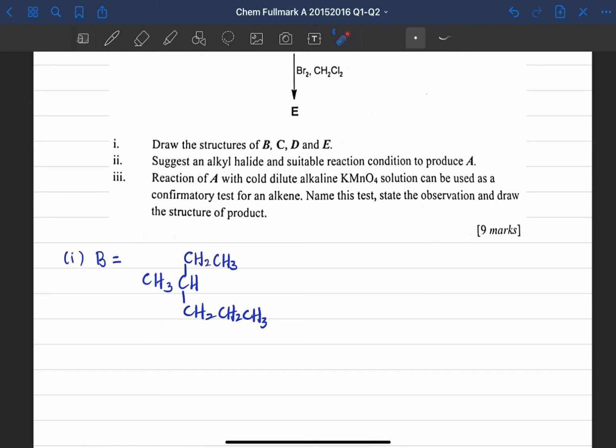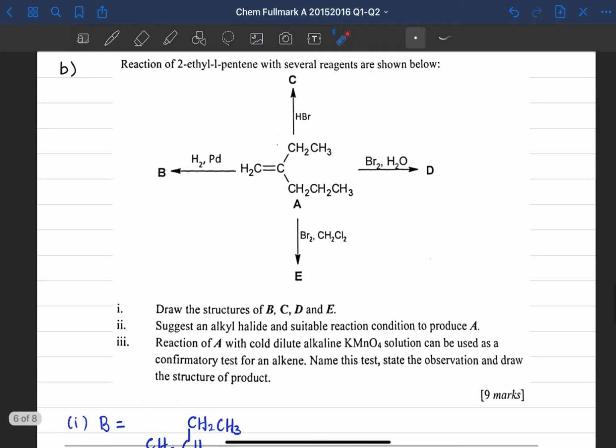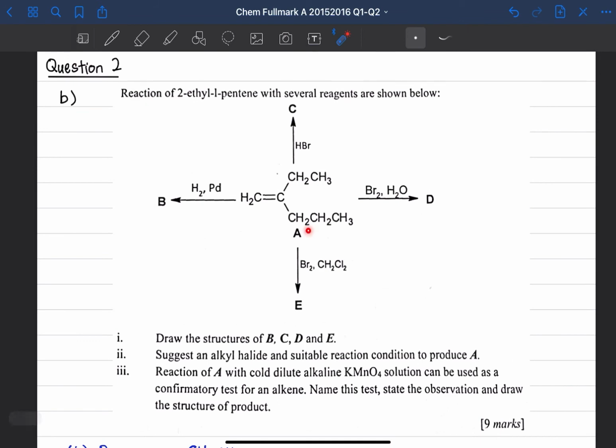And then what do we have? If A reacts with HBr, for this reaction you must consider the Markovnikov rule. So hydrogen from HBr will go to this carbon, because this carbon has 2 hydrogen atoms on the carbon double bond. So hydrogen from HBr will come here, and bromine from HBr will come to this carbon.